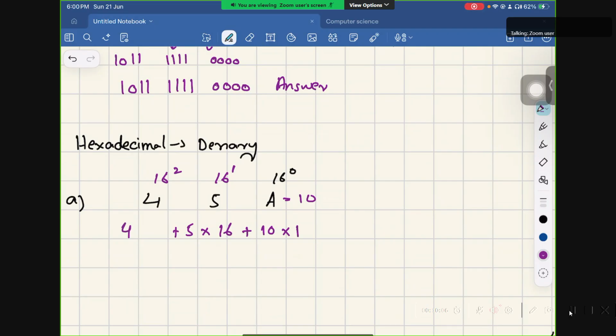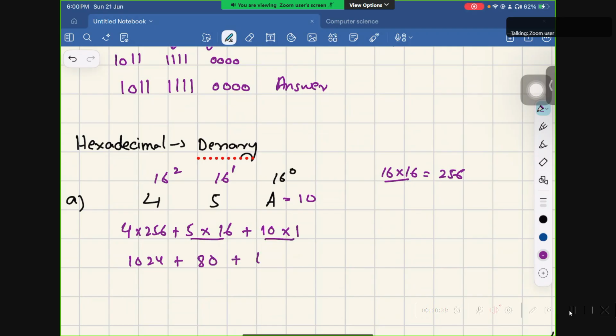16 power 2 is going to be 256. So we are going to multiply it by 256. 256 means 16 multiplied by 16. This is 16 power 2. This is going to be 256. Now when we multiply 4 by 256, it will become 1024. 5 multiplied by 16 is going to be 80, and 10 multiplied by 1 is going to be 10.